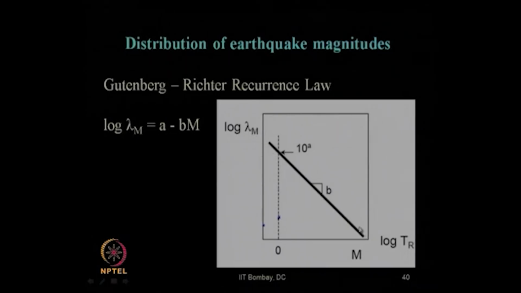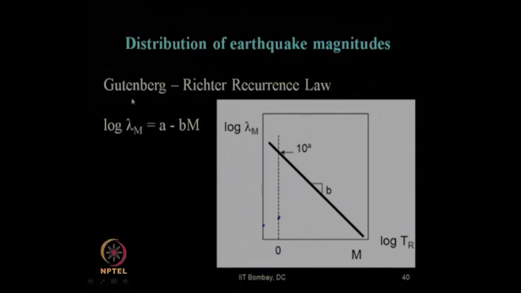The reason, as we have mentioned, is that smaller magnitude earthquakes occur more number of times, and higher magnitude earthquakes occur fewer times. So, that way this gives the slope b.